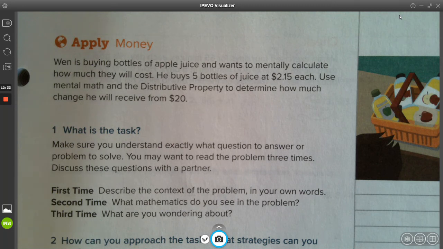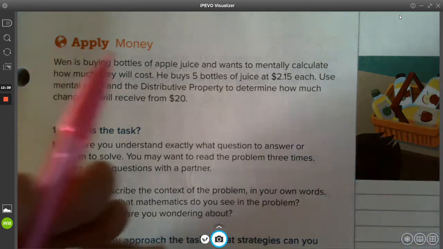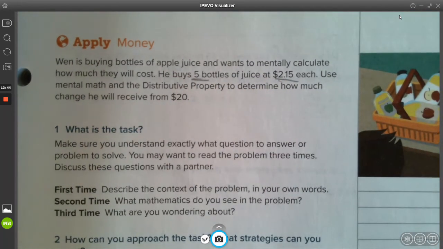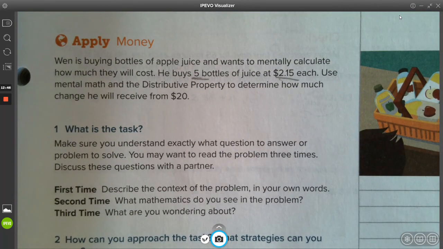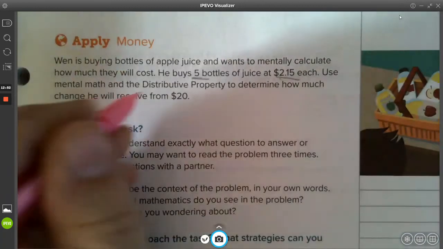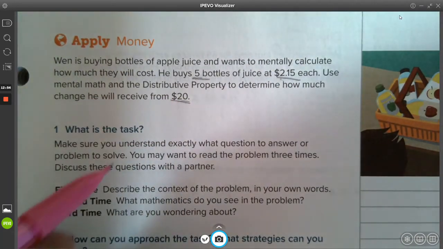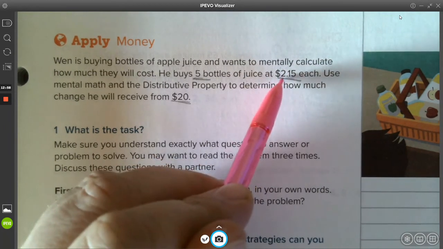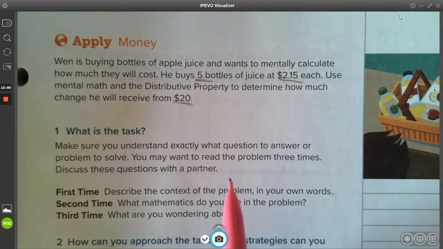Use mental math and the distributive property to determine how much change he will receive from $20. So we have 5 bottles at $2.15 each. We're going to use the distributive property to solve this problem, and then figure out how much change you will receive from $20. Here's your hint. You can break $2.15 up into 2 and 15 cents.